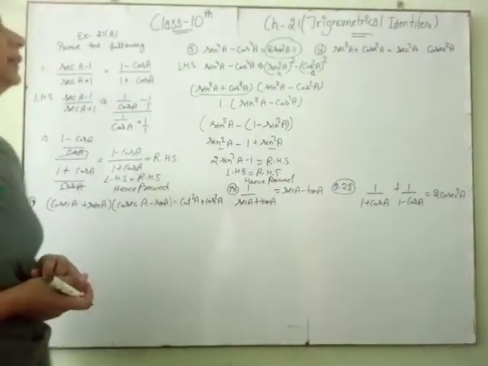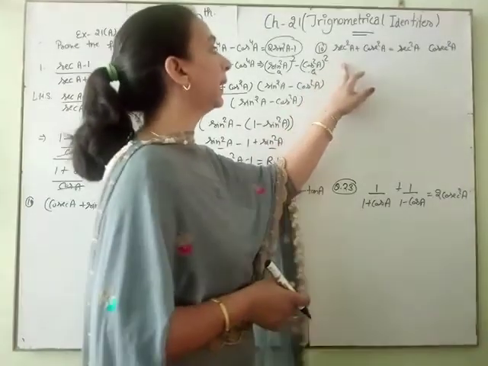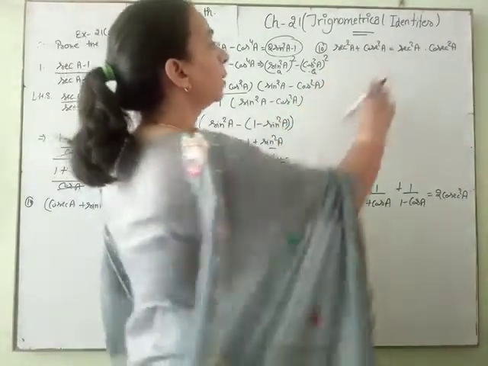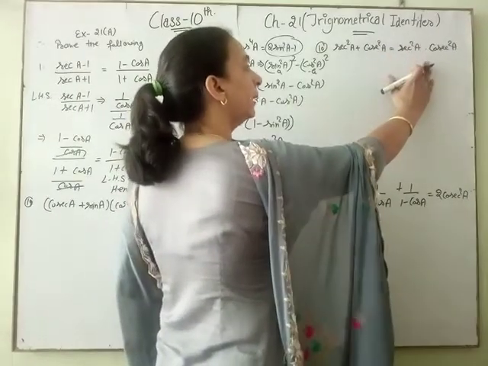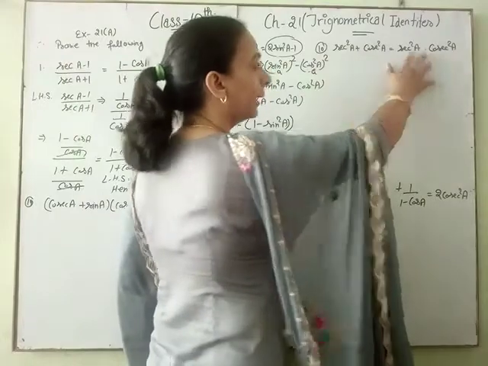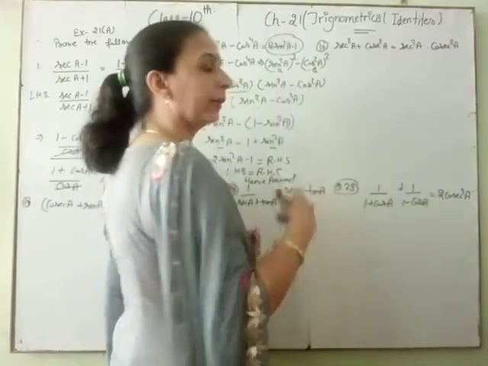Next, question number 10: secant square A plus cosecant square A equal to secant square A multiplied by cosecant square A. These are in plus but there is a multiplication on the other side. So we take any one of the sides.